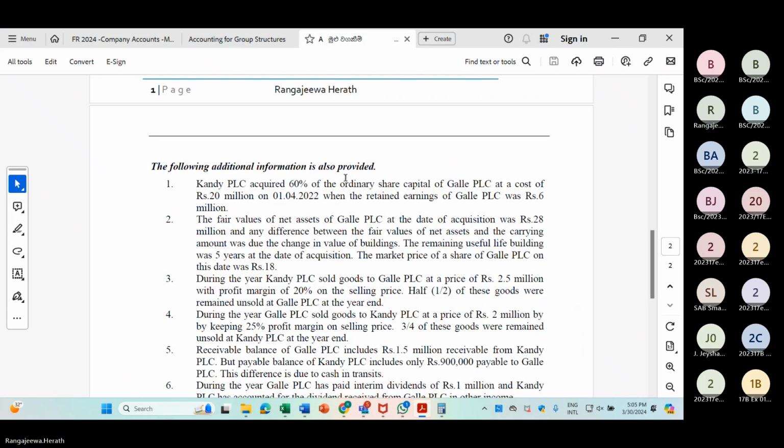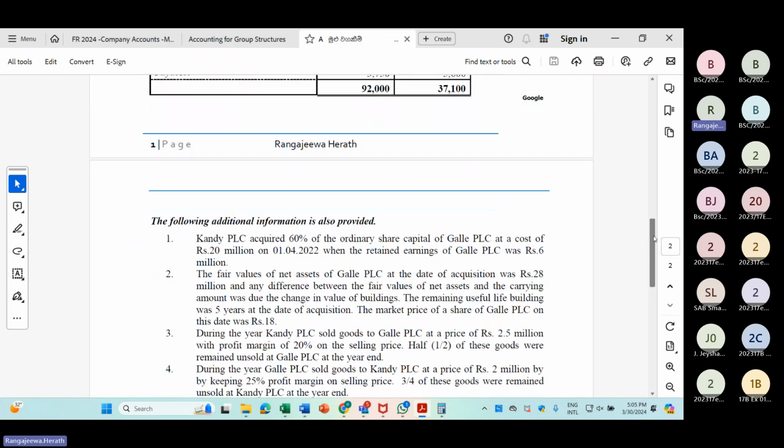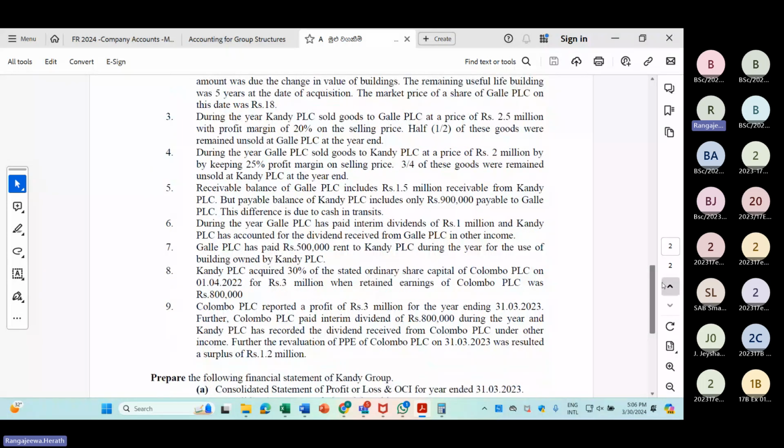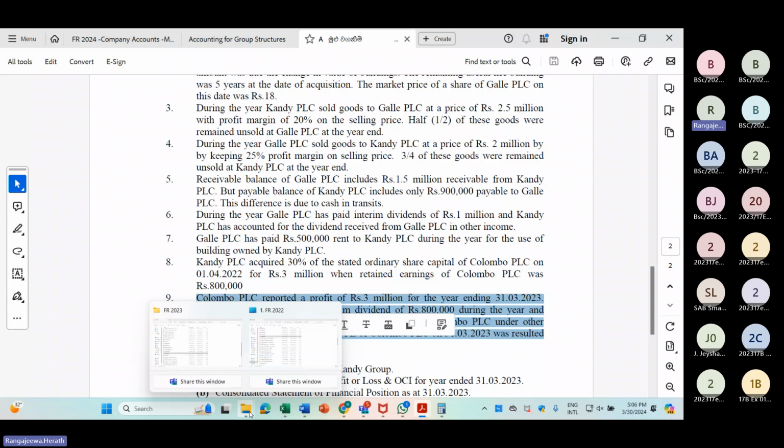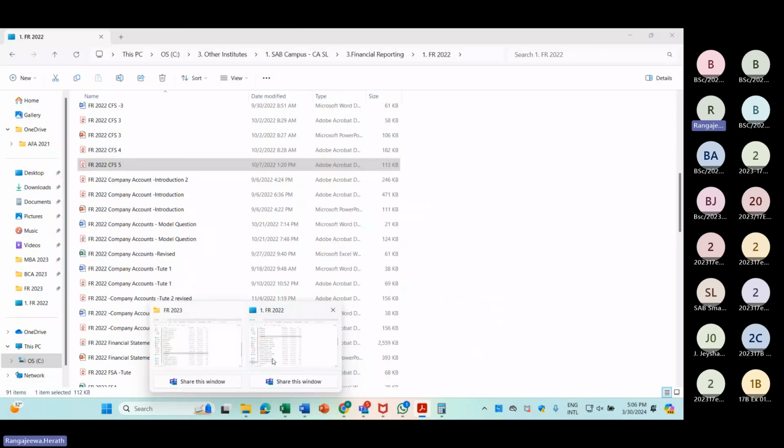Right. So you'll be given the information like this, which includes an associate. So small adjustments related to associate also will be included there.